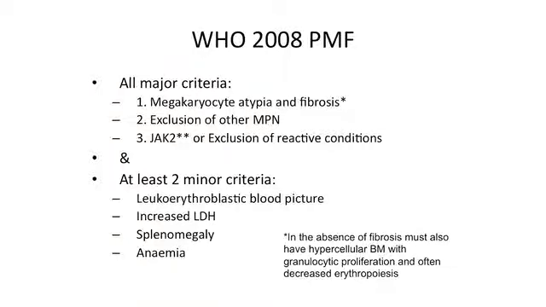Now, in the WHO 2008, there was this little footnote which said, in the absence of fibrosis, you could also have a hypercellular bone marrow with granulocytic proliferation and maybe reduced red cells, and that this was pre-fibrotic or early myelofibrosis.